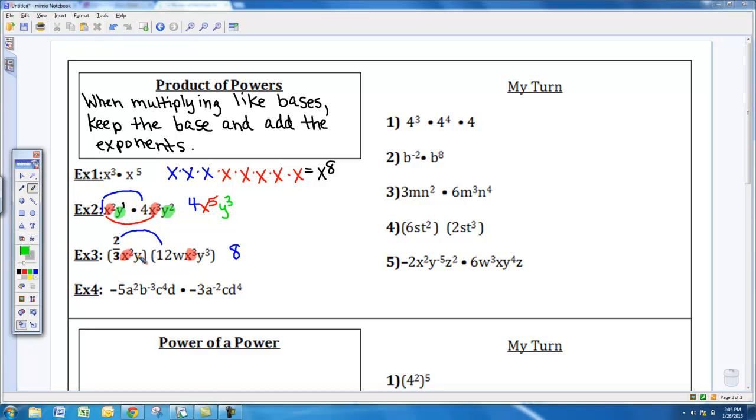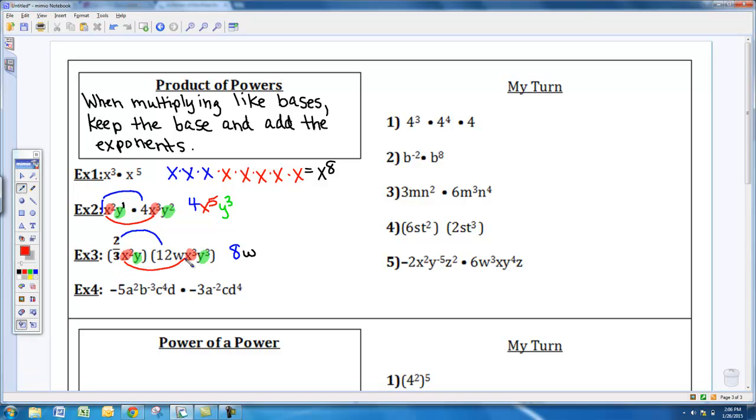We also have y and y cubed. And we have a lonely w. Nothing to multiply that w by, so he's just going to come out here. So now we're going to multiply our x's. X squared times x to the third will give us x to the fifth.